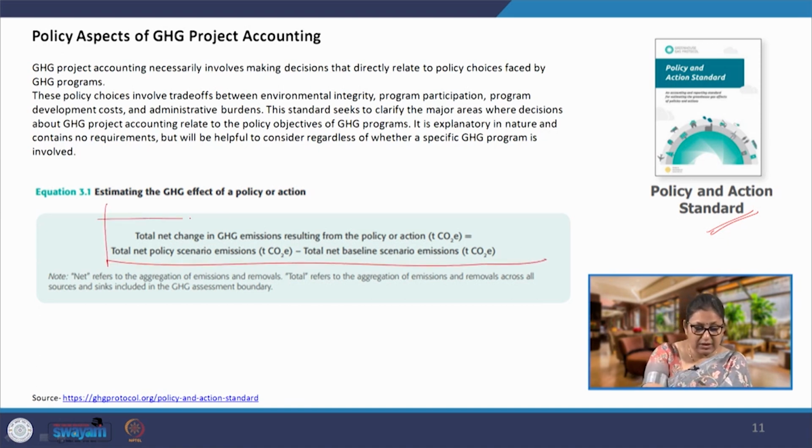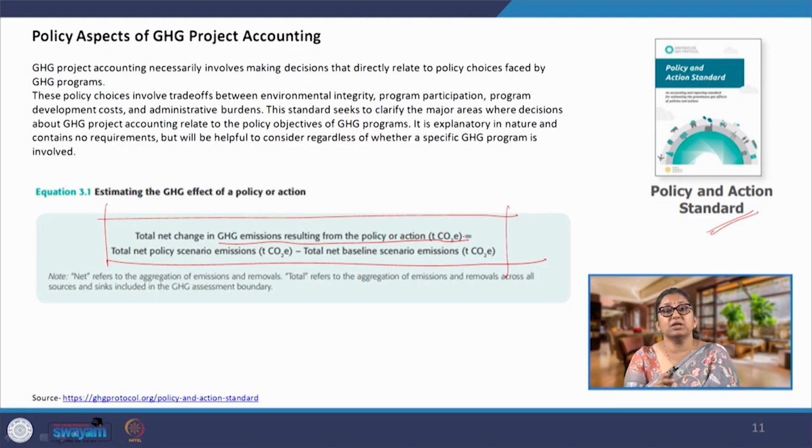We are looking at the total net change in GHG emissions resulting from the policy or action specifically. And how are we doing that? We will look at the total net policy scenario emissions minus the total net baseline scenario emissions, and that is where we will know how much of the net change is due to this policy.